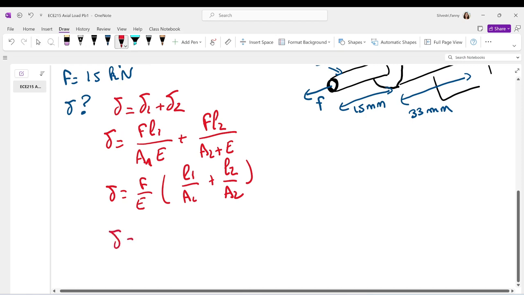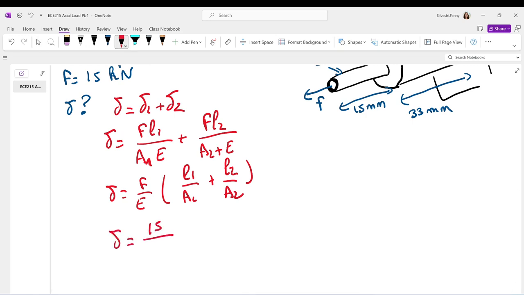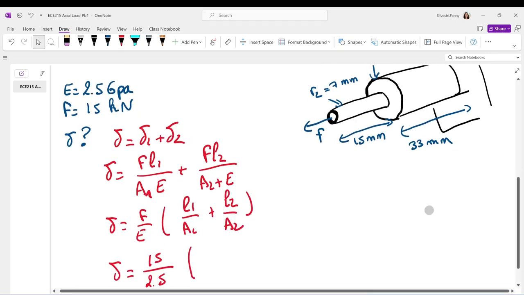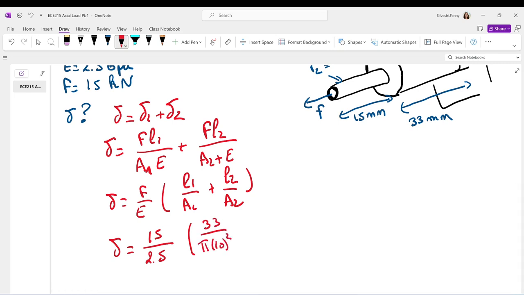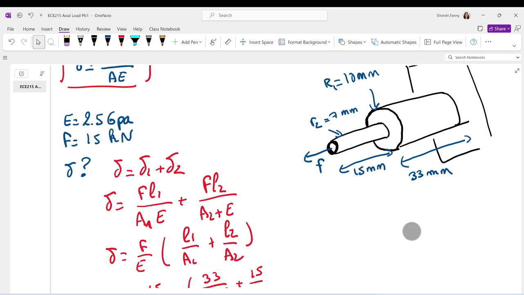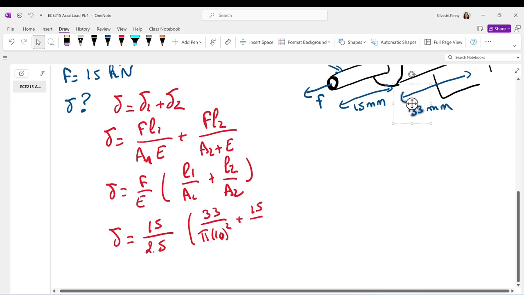So delta equals, in our case, the force is 15 kilonewton, E is 2.5 gigapascal. The L1, so we have one that is 33 millimeters, and pi times 10 squared, the radius, and the second length is 15 millimeters, divided by pi times 7 squared, where R2 is 7 millimeters.